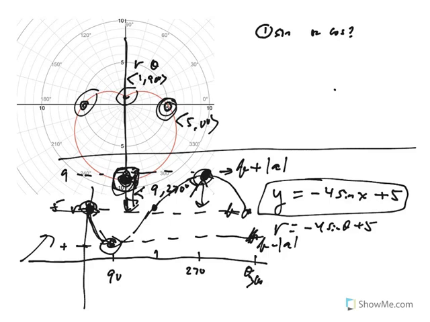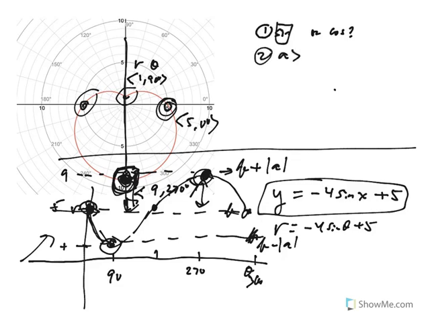Its maximum value is at 270, and that happens on a sine curve. A sine curve has maximum values at either 90 or 270, depending on whether a is positive or negative. Cosine has maximum values at 0 or 180, depending on whether a is positive or negative. In this case, the maximum value is at 270, so this is a sine.